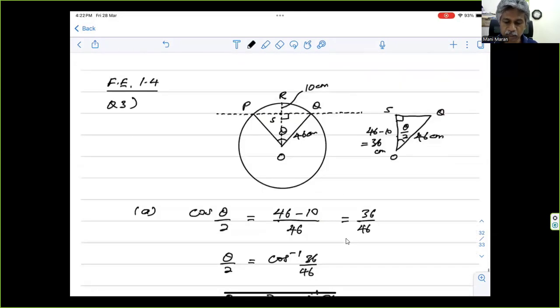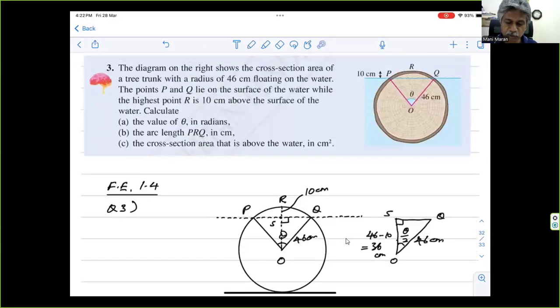Now in the second part, in part B, you are asked to find what is the arc length PRQ. So you remember the formula for arc length. We are using S equal to R theta. R is known, theta we just calculated. So it's very simple to find the arc length.